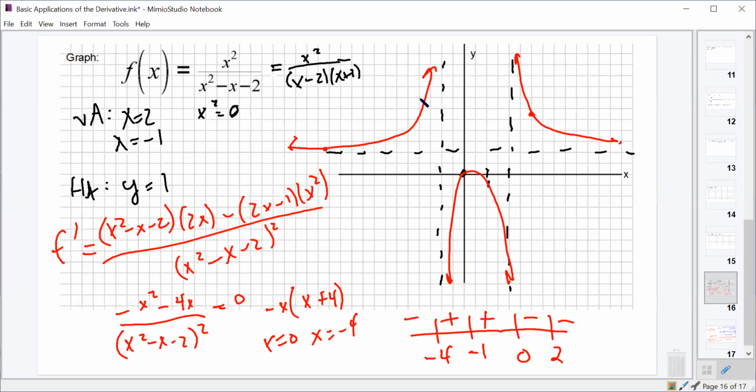Now, I didn't put in my local min there at -4, did I? Let's fix this. So at -4, what do we get if we plug that in? 16 over what? 18? Just under 1, yeah.